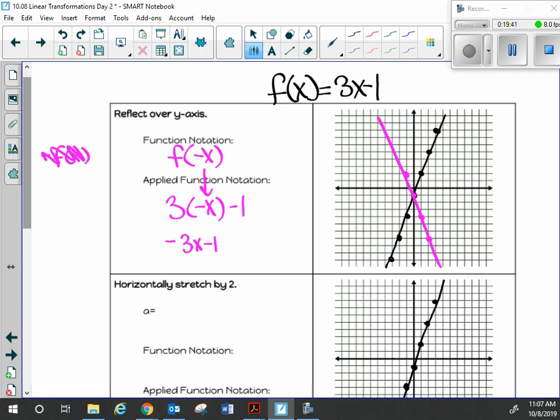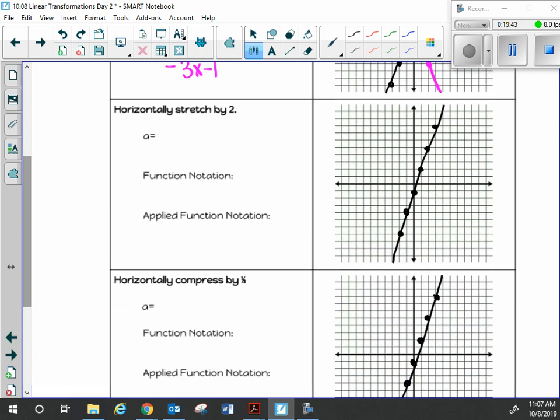Okay. Before we talk about horizontal stretch and compression, there's a typo. This should be 1/3, and this should be 2. So go ahead and swap those. Because horizontal stretch and compression have the opposite effects as the vertical ones. Because horizontally is from the sides, right?